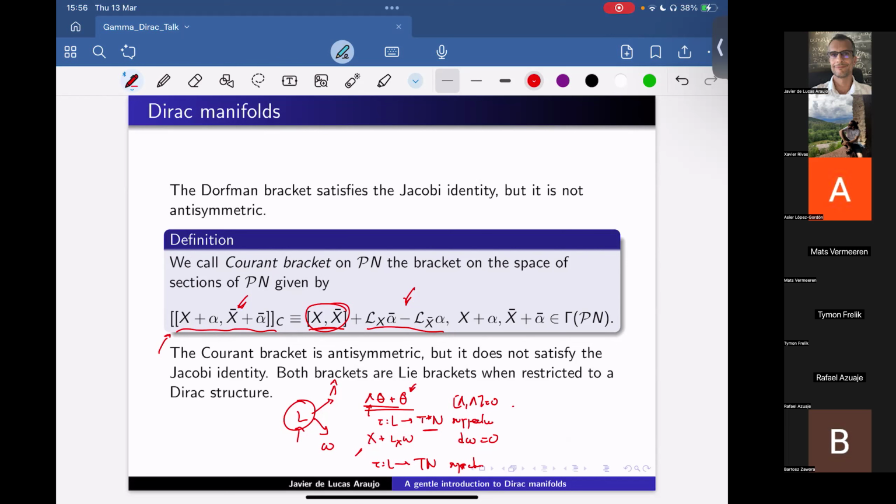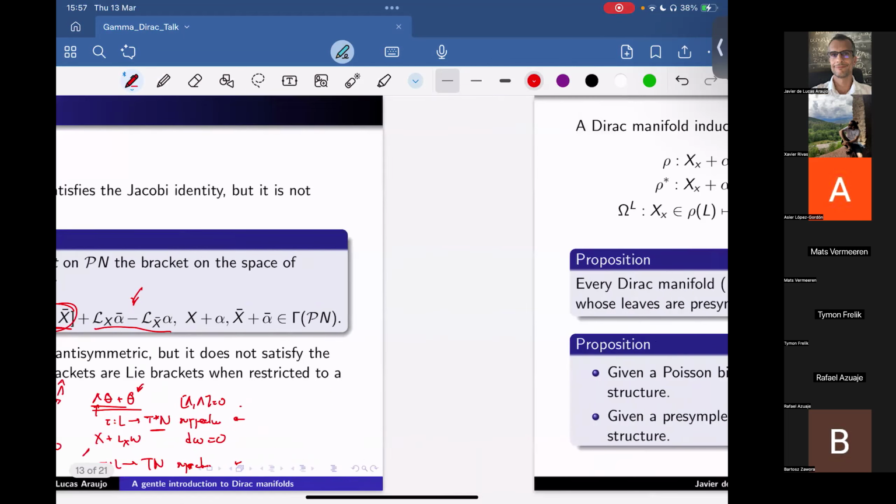When the projection onto the tangent is a surjection, you will have a presymplectic form, and it may happen that the projection is in between the two. It can be this case, or something in between. But if it's something in between, it would be something different. There are many other cases.